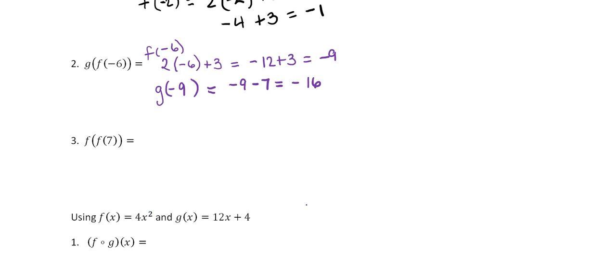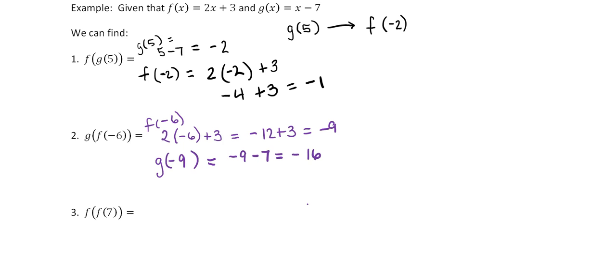Alright, now just because I have an f and a g doesn't mean I have to use that same value. I mean, I can do an f of g of x, I can do a g of f of x. I can also have an f of f of x. And people will be like, well, when are we ever going to use that? Well, if you think about compound interest, that happens all the time.